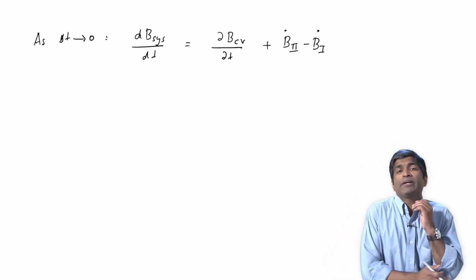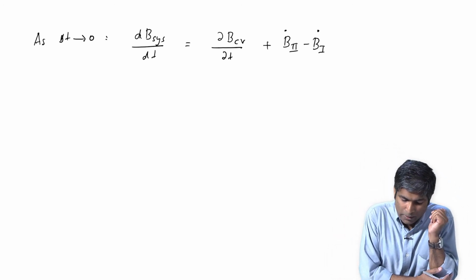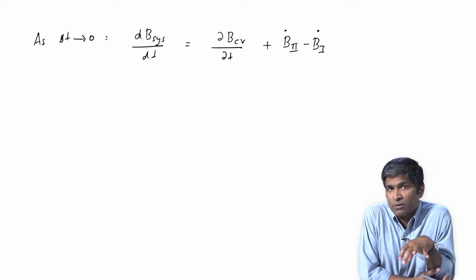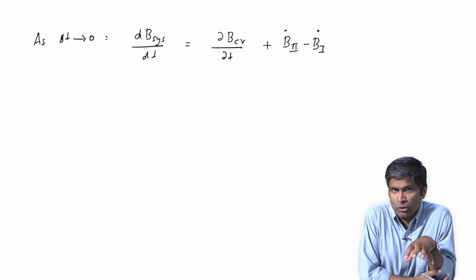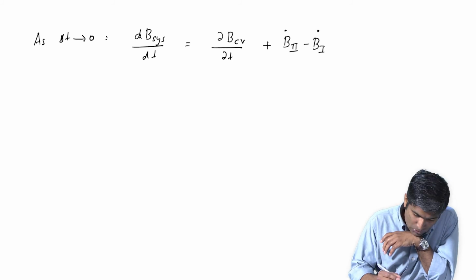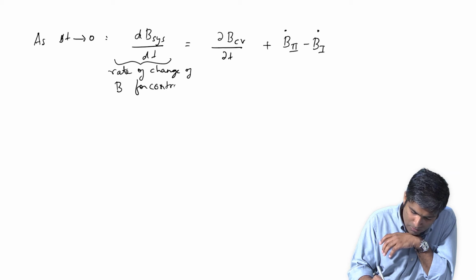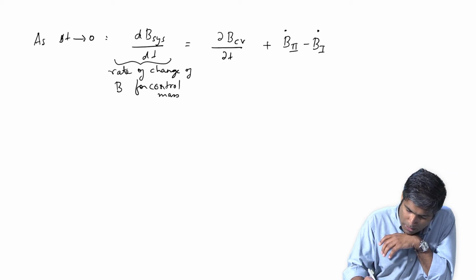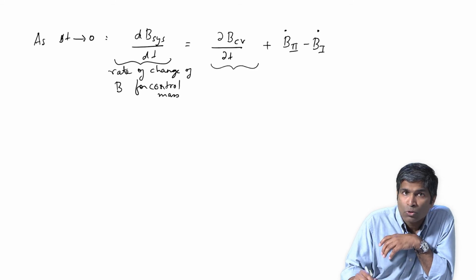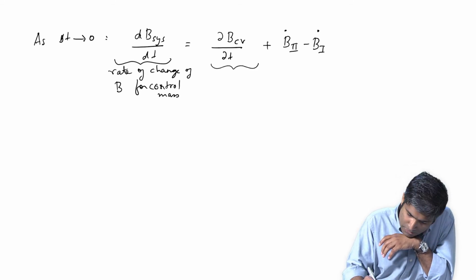I could write it in this fashion, where on the left hand side I'm still talking about a particular set of particles, a particular mass, right? So this is my rate of change of B for control mass. But now I'm relating it to what's going on in the control volume. So that's the change in the control volume with respect to time.